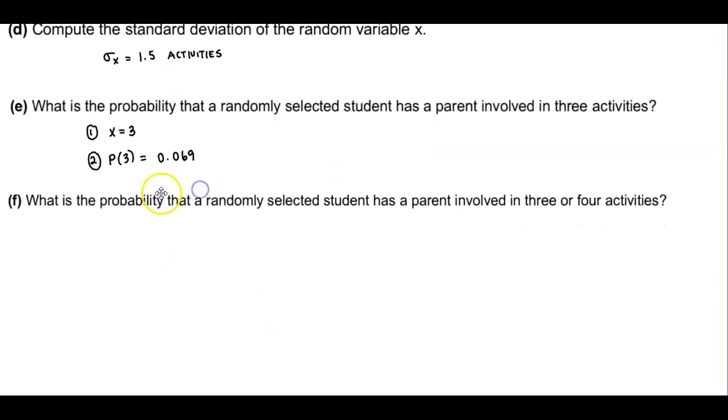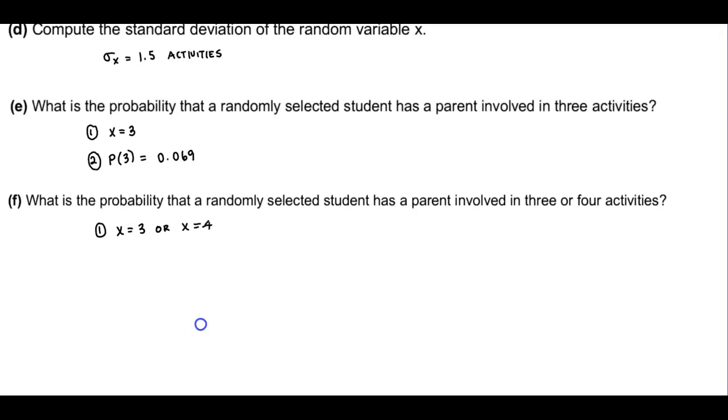The next question asks, what is the probability that a randomly selected student has a parent involved in 3 or 4 activities? This corresponds to when x is equal to 3 or x is equal to 4.